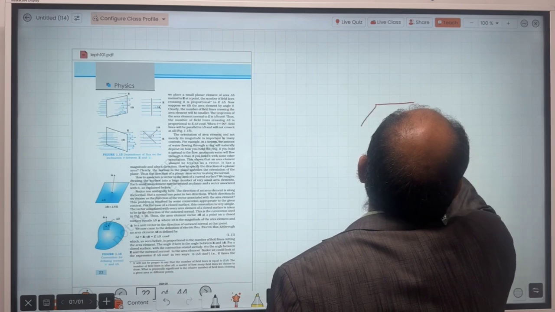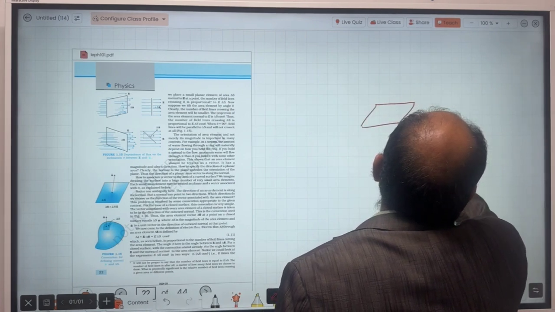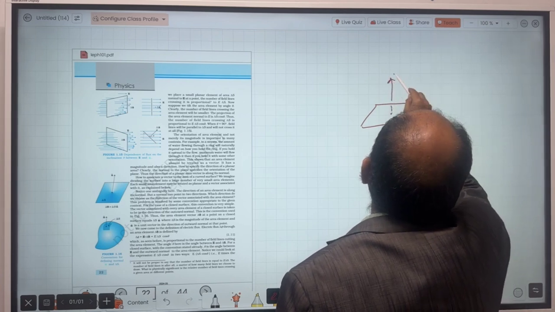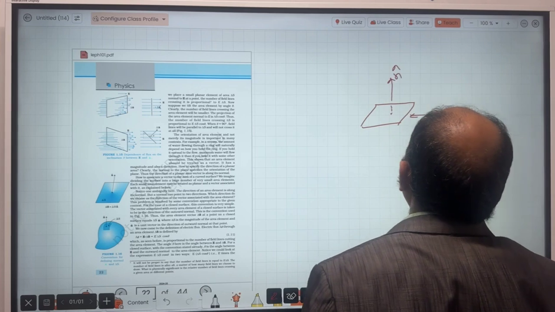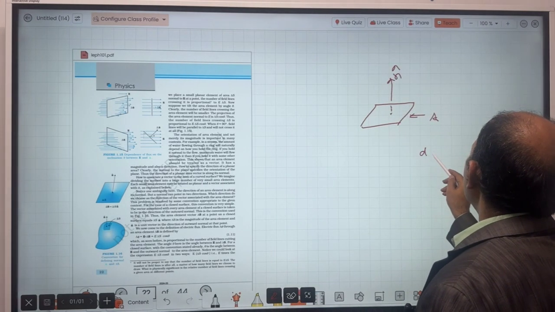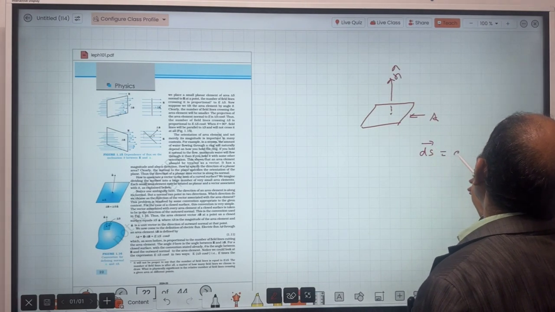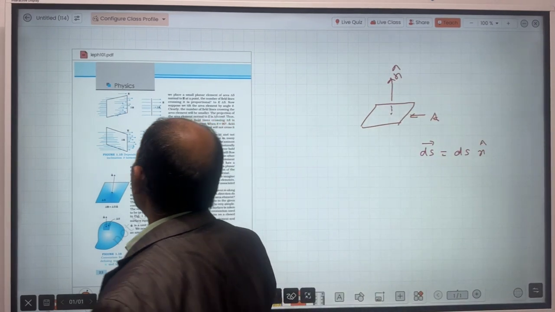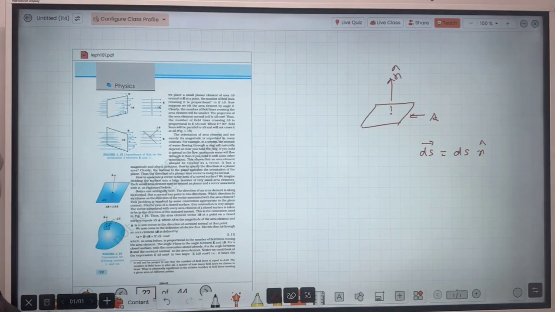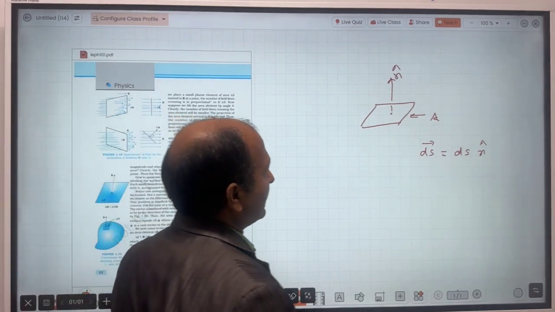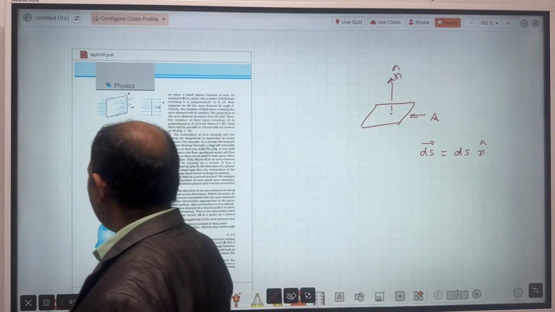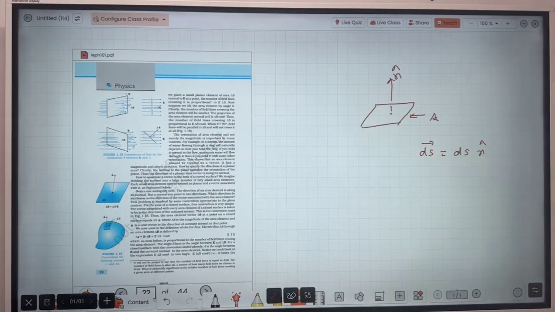If we have any area, say area A, we consider a perpendicular on it, and that is called the area vector. Sometimes it is denoted as vector ds, in which we write ds magnitude and n cap. It is always perpendicular to the given area, because you know that area is not a vector. This is just imagination: whatever area we take, we consider a vector perpendicular to it. This will make calculation easier.